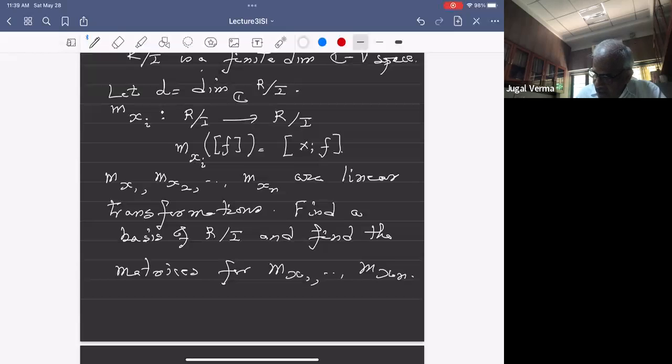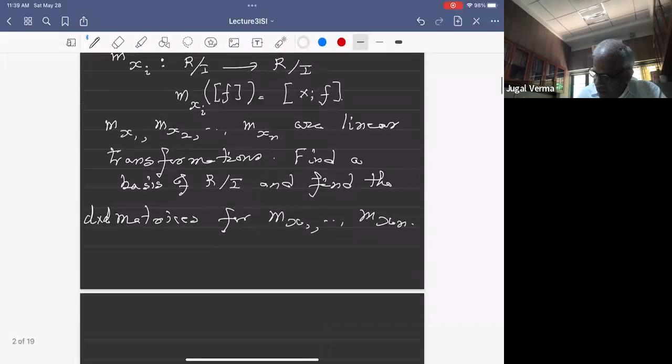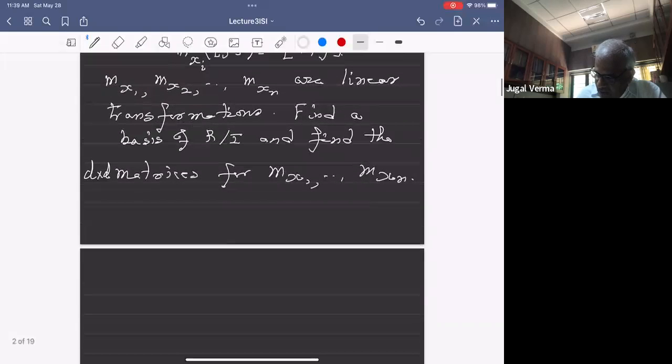So we'll have D by D matrices with complex entries. And these matrices commute with each other. This is an important observation.